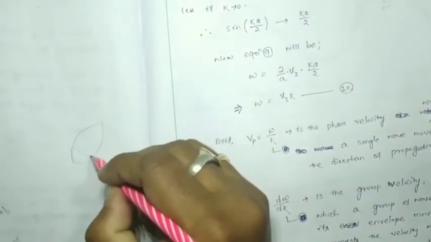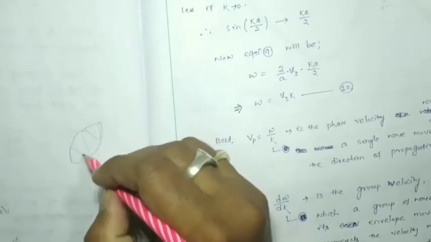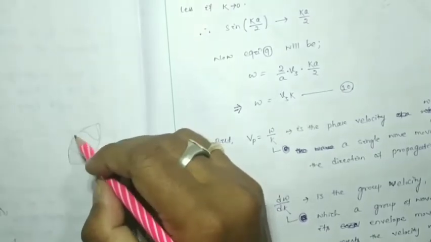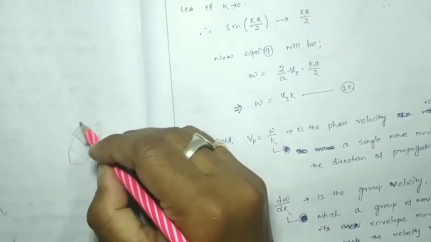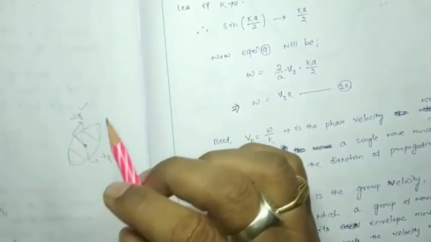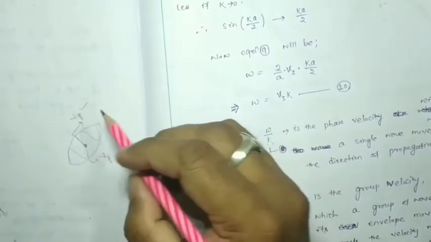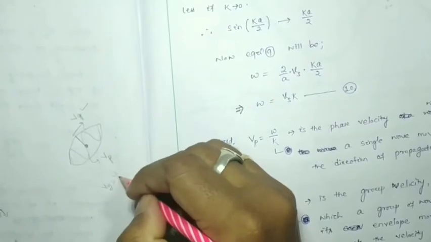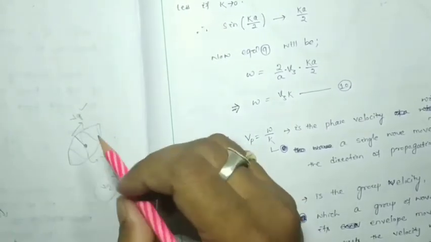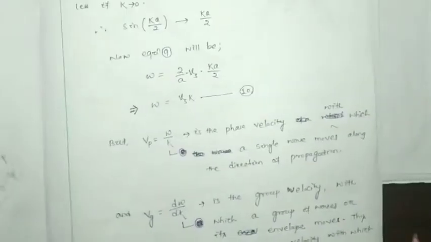Inside this wave packet the waves are moving with a mean velocity, that is called the phase velocity, but its center or highest peak moves with another velocity, that will be Vg. And we discussed in our previous video that for non-dispersive medium, Vg equals Vp, that means group velocity will be phase velocity for non-dispersive medium, that we are going to discuss here also.